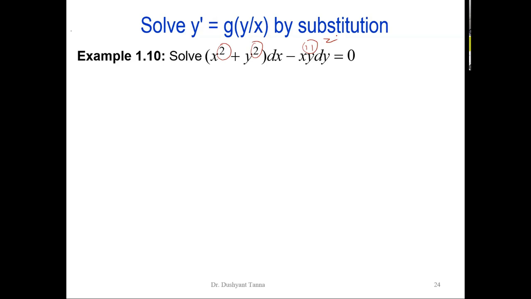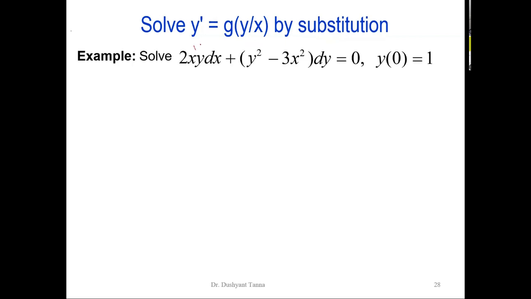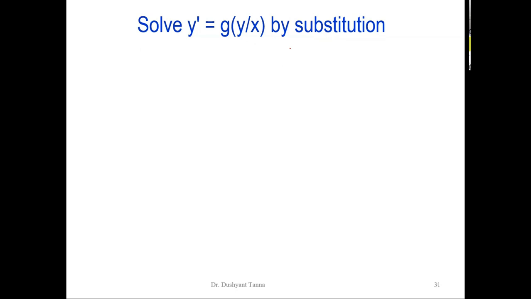Either there is some different method or there is a typo or something, but this approach will not work. One more example: 1 and 1, so power 2 here, power 2 here, power 2 here. That's your first point. If that's not there, your y on x is equal to u substitution will not work. Absolutely not.